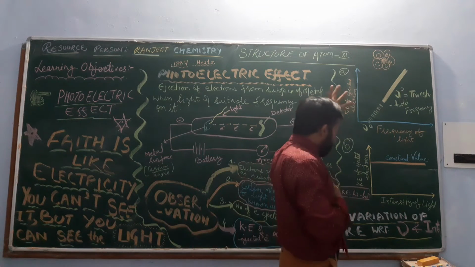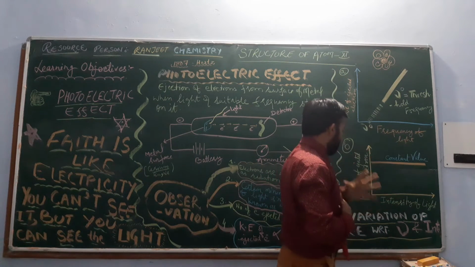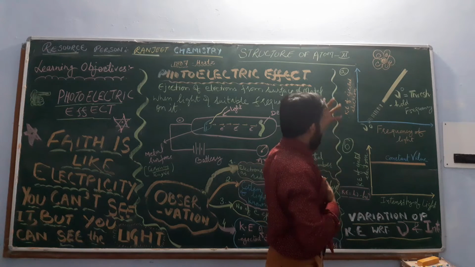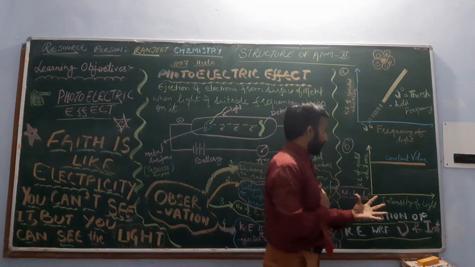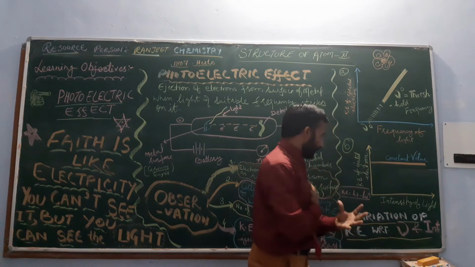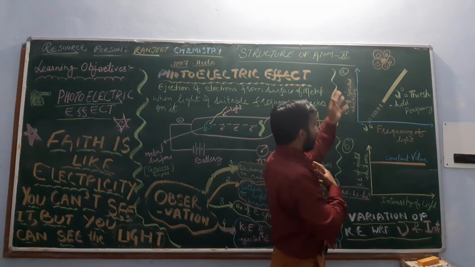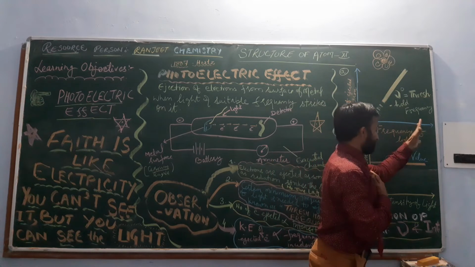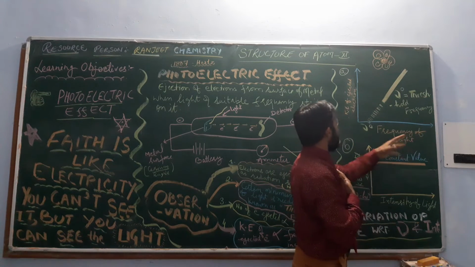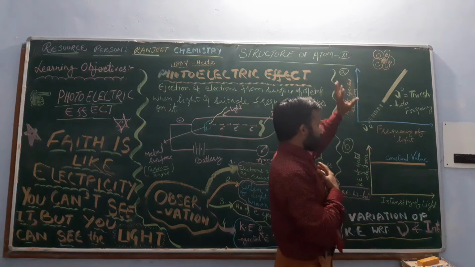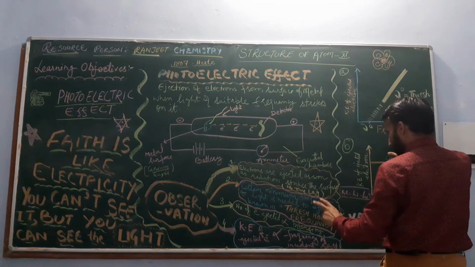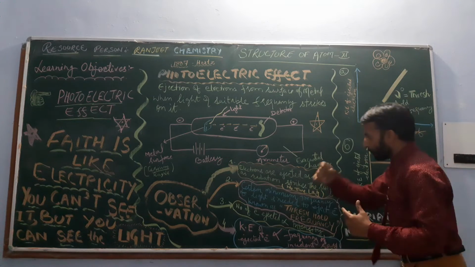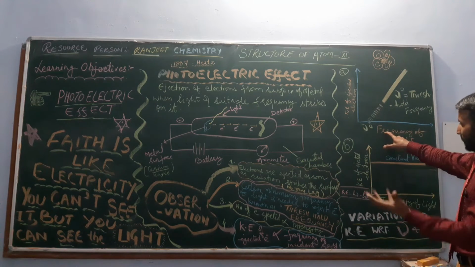And if we plot a graph between kinetic energy, frequency and intensity, then what is the outcome here? See, if towards the x-axis we are keeping frequency and kinetic energy on the y-axis, then postulate number 4 is given graphically.